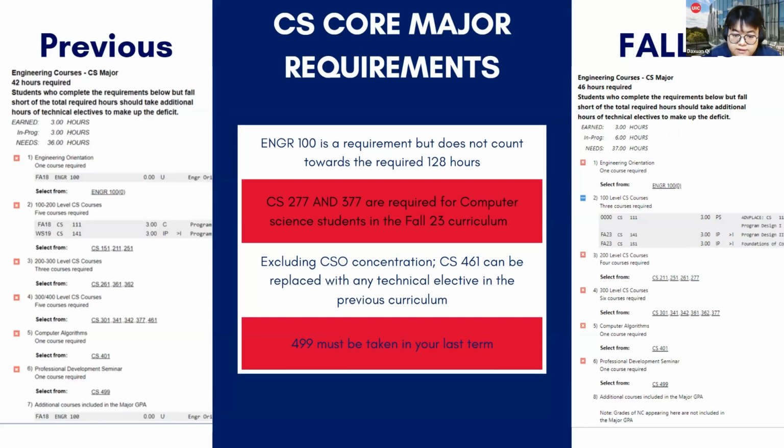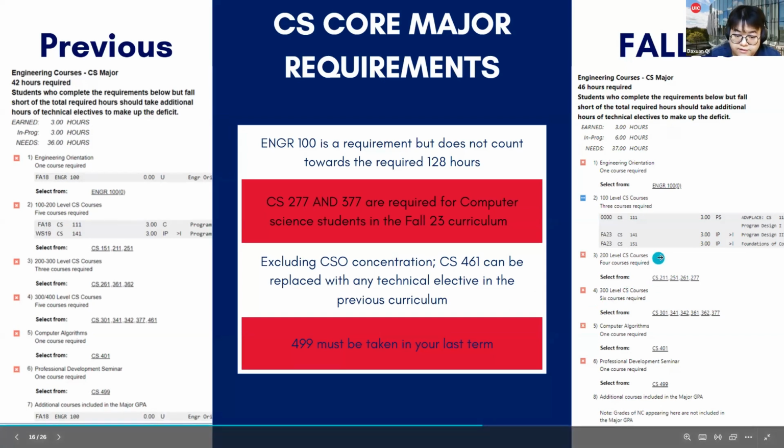CS 461 is listed as a requirement in the previous curriculum, but a technical elective in fall 2023's curriculum. Except for computer systems concentrations, students can replace CS 461 with another technical elective with a general student petition to the college. CS 499 has to be taken in a student's final semester.